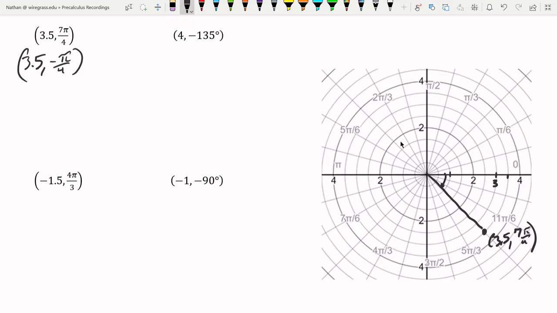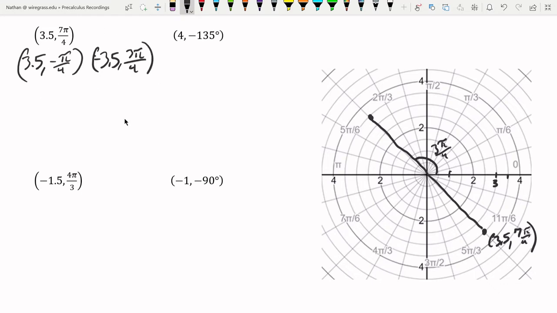That gives us the exact same spot. As well, we can do (negative 3.5, 3 pi over 4). In this case, negative 3.5 is going to be the opposite direction from this. It's going to be this one. And that angle is, let's see, 3 pi over 4. So we're going to have 3 pi over 4.